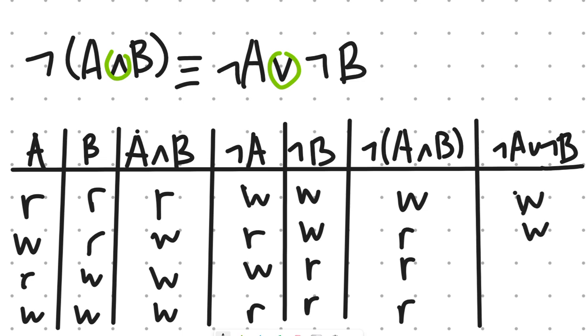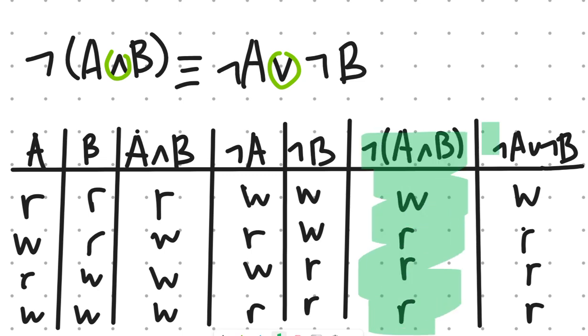This is also right, and this is also right. And this should be wrong because both of them are wrong. I'm sorry for the complications. Okay, so now we saw that those two are equivalent in the table, and that's why we can say that those two are congruent or equivalent to each other.